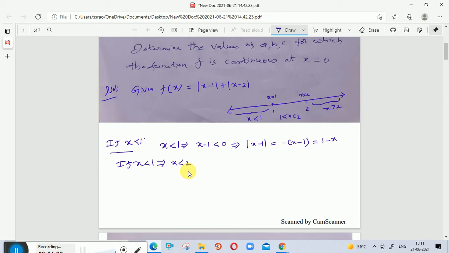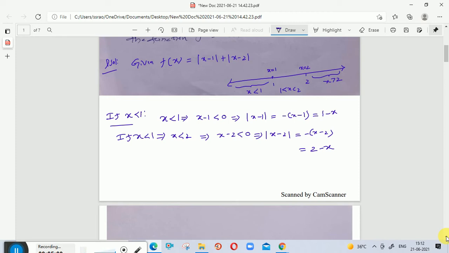X is less than 2 implies x minus 2 is less than 0, implies modulus of x minus 2 is equal to minus of x minus 2, that is equal to 2 minus x. Okay?